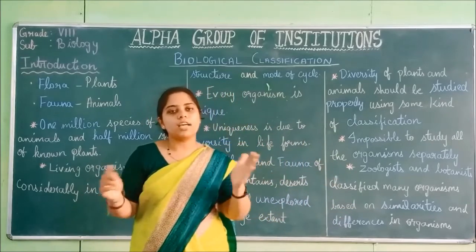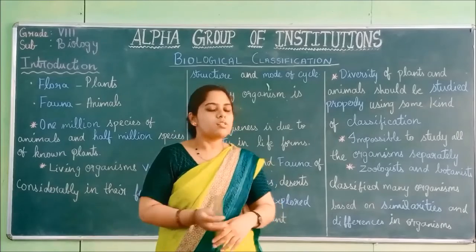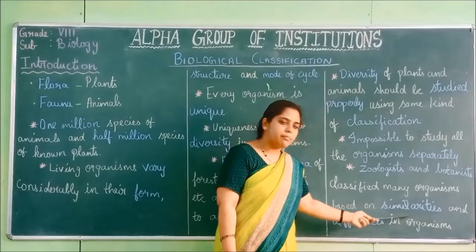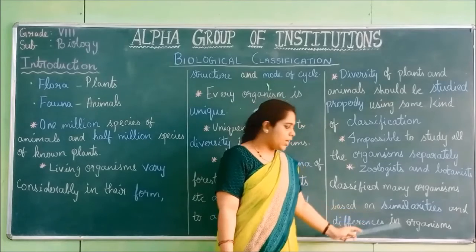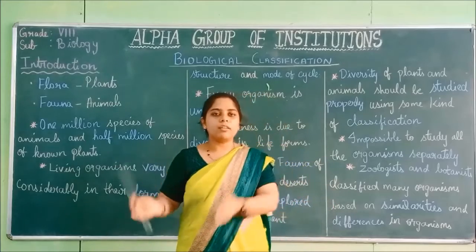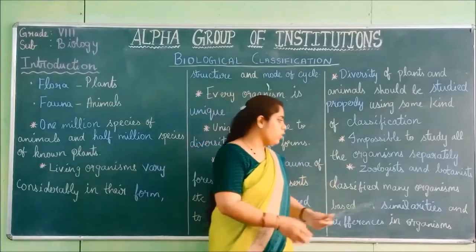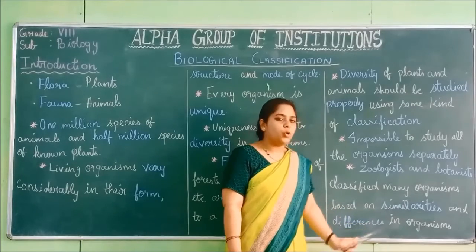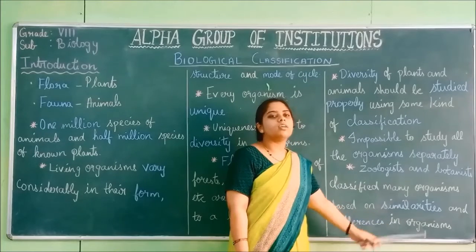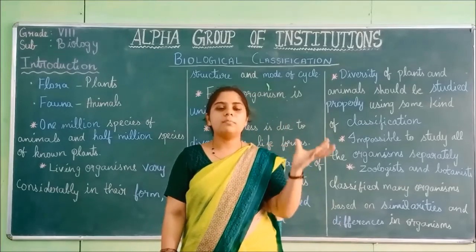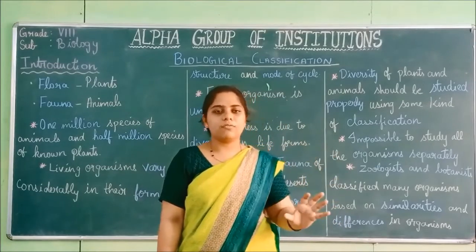Differences mean different organisms are put in different groups. So they classified the organisms based on similarities of organisms with one another, and differences. What is the difference between this group and this group? Based on that also, they classified the organisms. So these are the two main criteria of how organisms are classified. So this is all about diversity and classification.